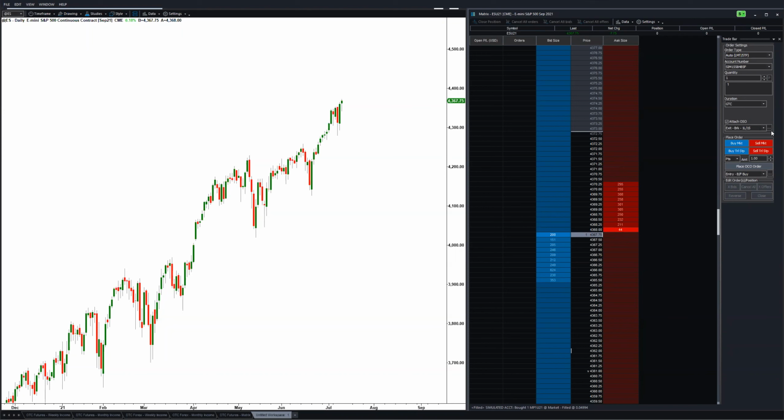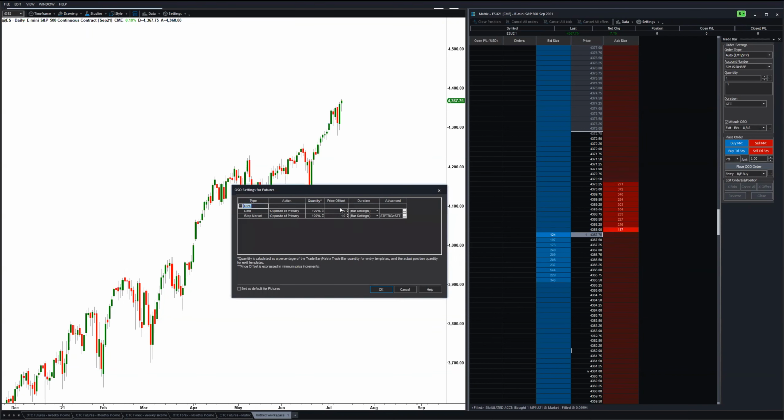What is important though is if you click here on these three dots, that you change the price offset where it places the target and the stop loss. Now the price offset is 10, meaning if I buy at market, it places my target 10 ticks above my entry and my stop loss 10 ticks below my entry.